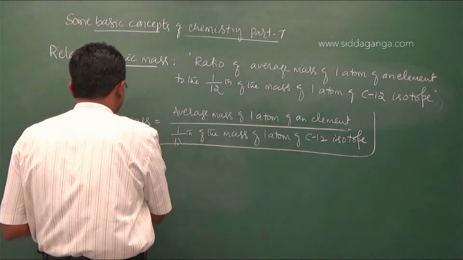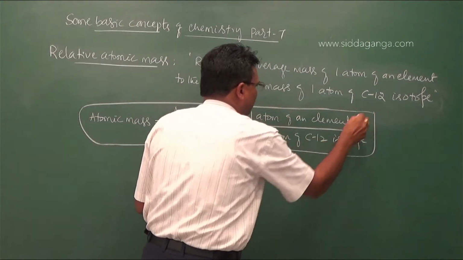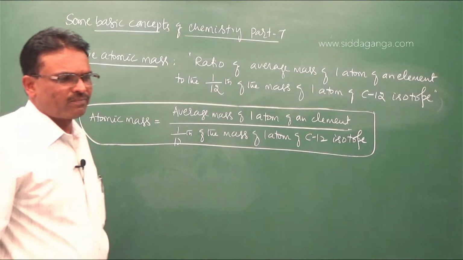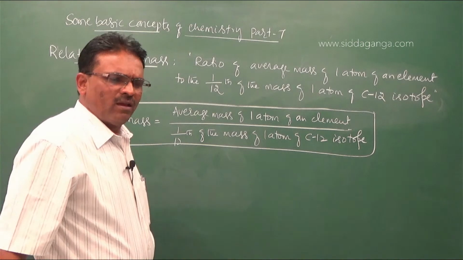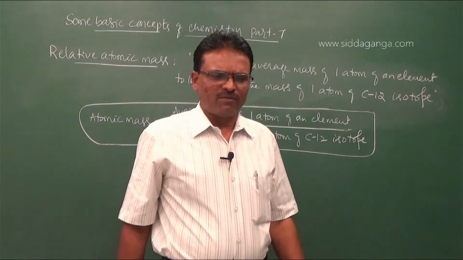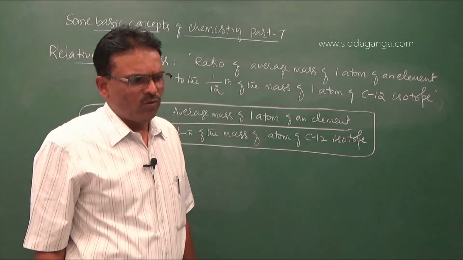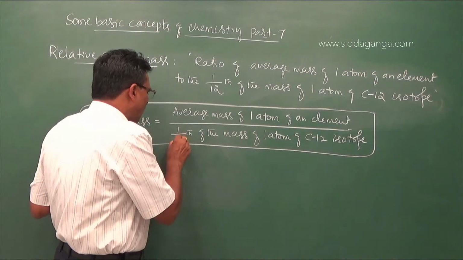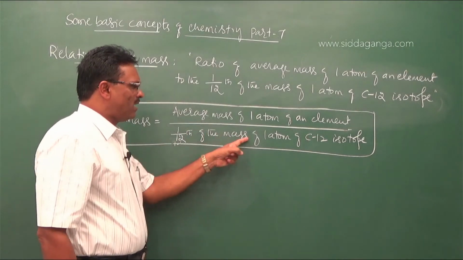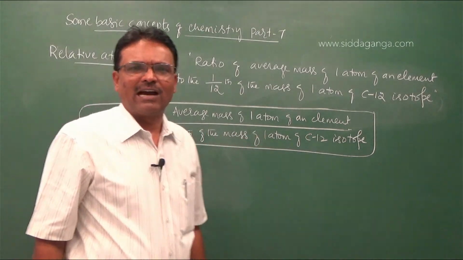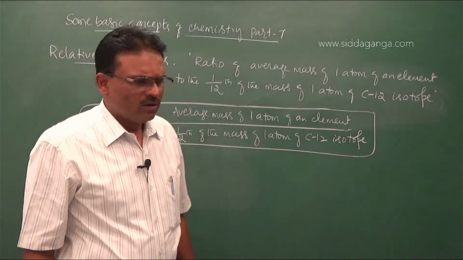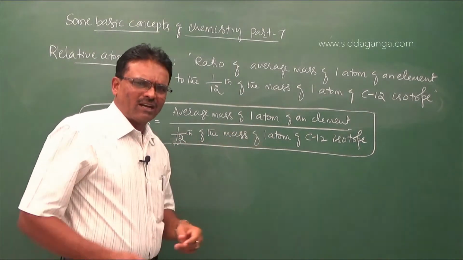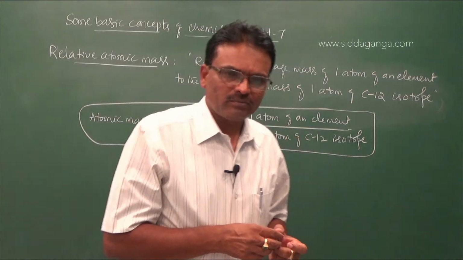So this is the definition for relative atomic mass of an element. So ratio of average mass of one atom of an element to the 1/12 of the, this is very very important, 1/12 of the mass of one atom of carbon 12 isotope. So this is very important.